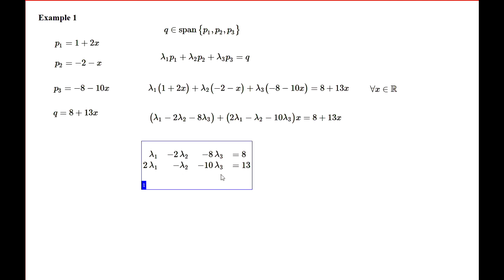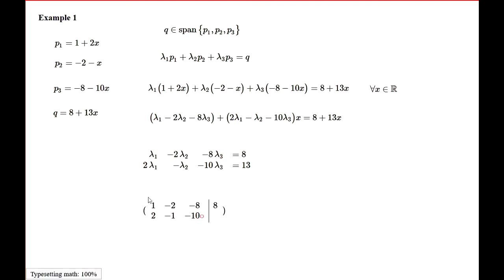Again, we do it with the target that we have to answer whether we can find lambdas, which works like this. In terms of the system, we're looking for the solution of this system, whether this system is solvable. It's row echelon form. Once again, we construct the augmented matrix. This is my augmented matrix, left-hand side, right-hand side.